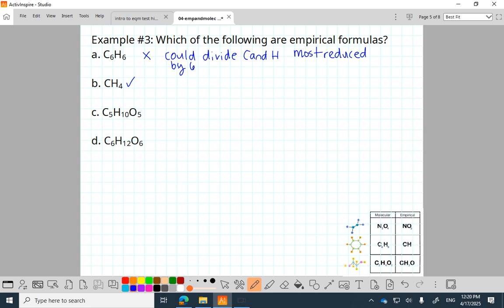No. So you would divide by 5. And the numbers are not going to completely become 1s like the first one. However, now this would be the most reduced. What about this one? C6H12O6. What's this? Glucose. And so you can divide by 6.